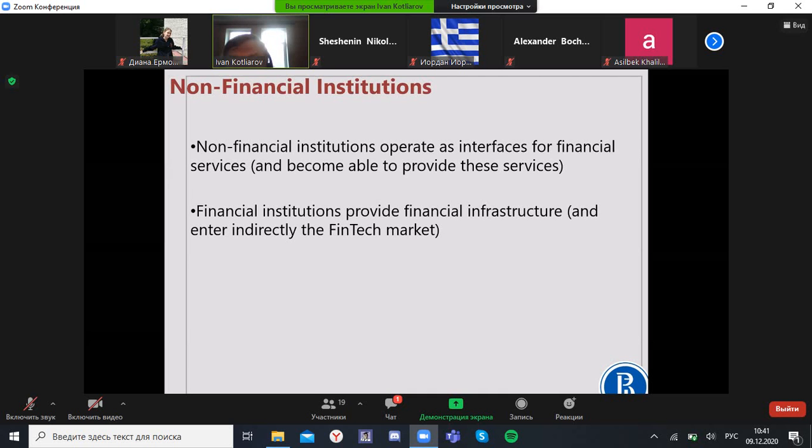So, on the basis of cooperation with social networks, with telecom operators, etc., banks get access to the digital audience, so to say, and they also become a part of the digital finance market. Guys, do you understand it? Ladies and gentlemen? Yeah. Okay.